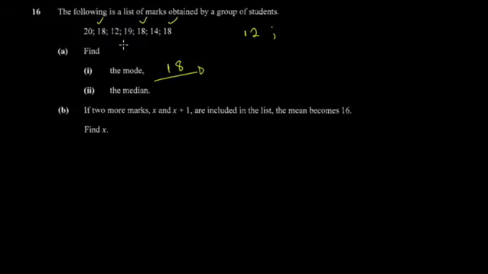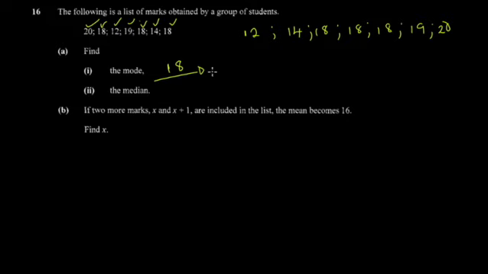So it should be 12, then 14, then after 14 we have these 18s, 1, 2, 3. We put 18, 18, and 18 again, arranging in ascending order. Then 19, then 20.